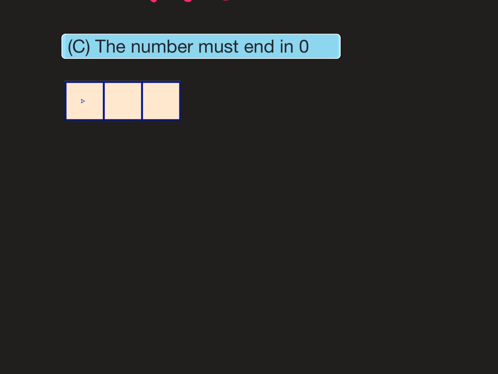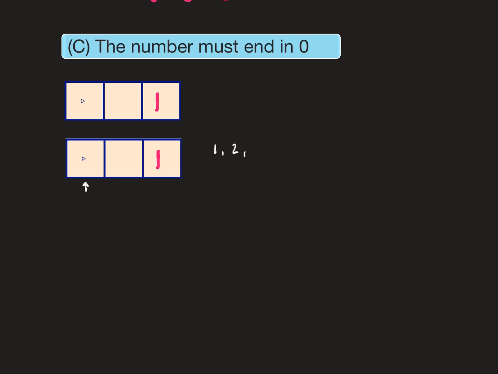In this example, the number must end in 0, so we have only one possible way of filling the third number, and that must be 0. So now to fill the first position, we only have 1, 2, 3, 4, 5, 6 and 7.